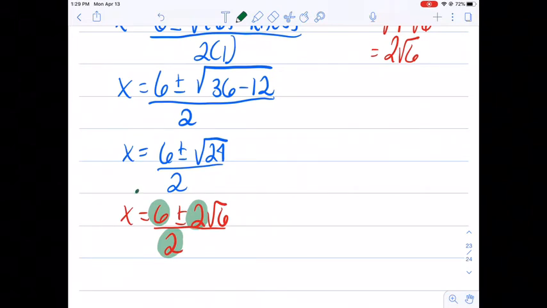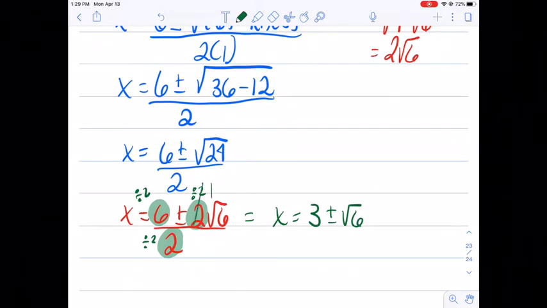And they do. So we can divide each one of these by 2. There, there, and there. So I get a final answer of x equals 3 plus or minus the square root of 6, because 2 divided by 2 becomes 1 there, 1 there, and 3 there.